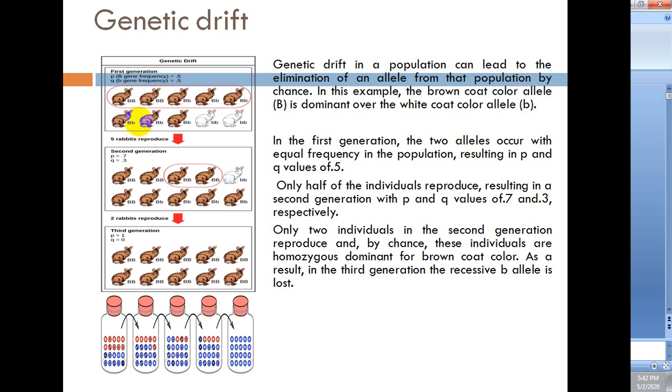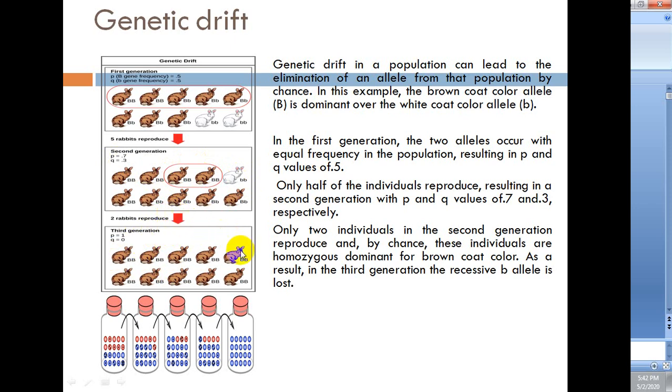Now, suppose half of the individuals reproduce and they result in the formation of the second generation. Here the capital B allelic frequency changes to 0.7, and the small b changes to 0.3. And in the third generation, when only 2 rabbits reproduce, what happens?